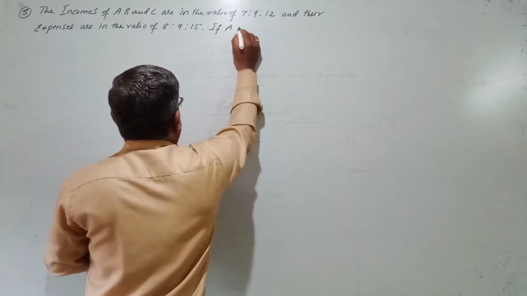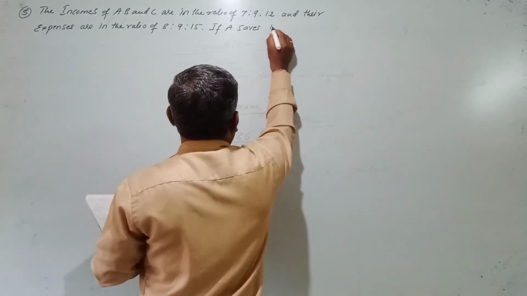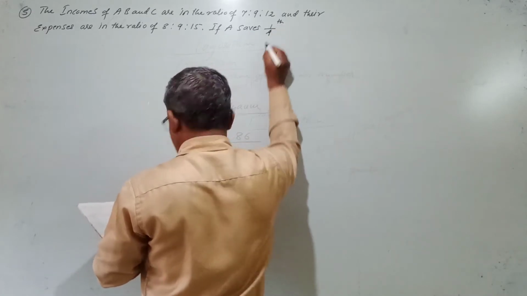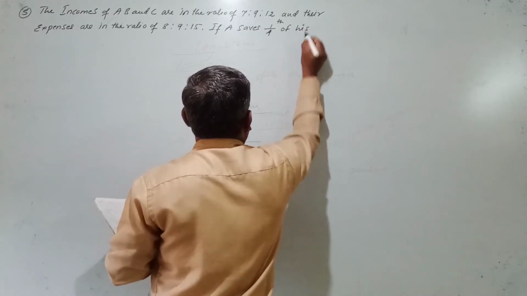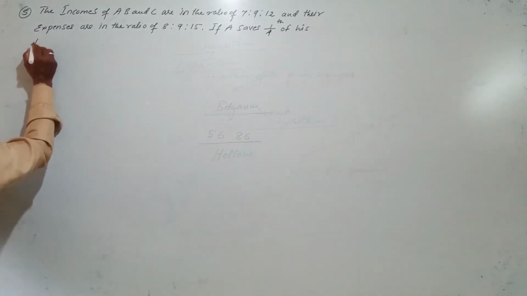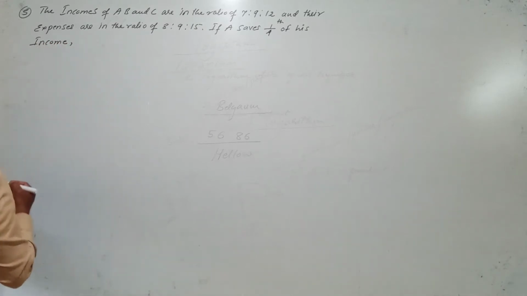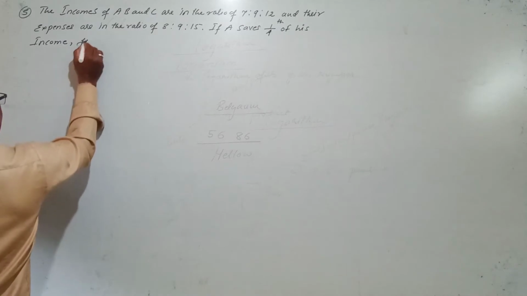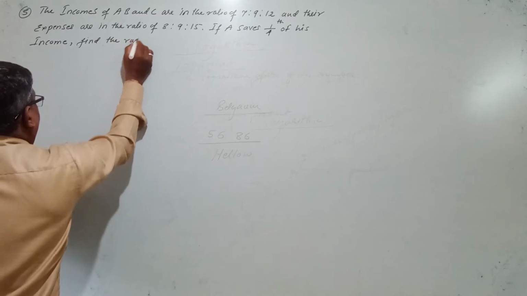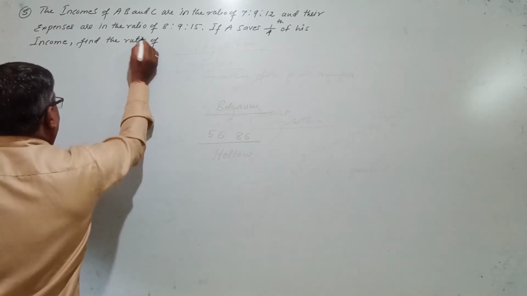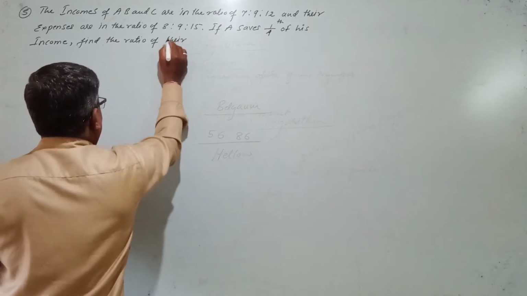If A saves 1/4 of his income, the question is, find the ratio of their savings.